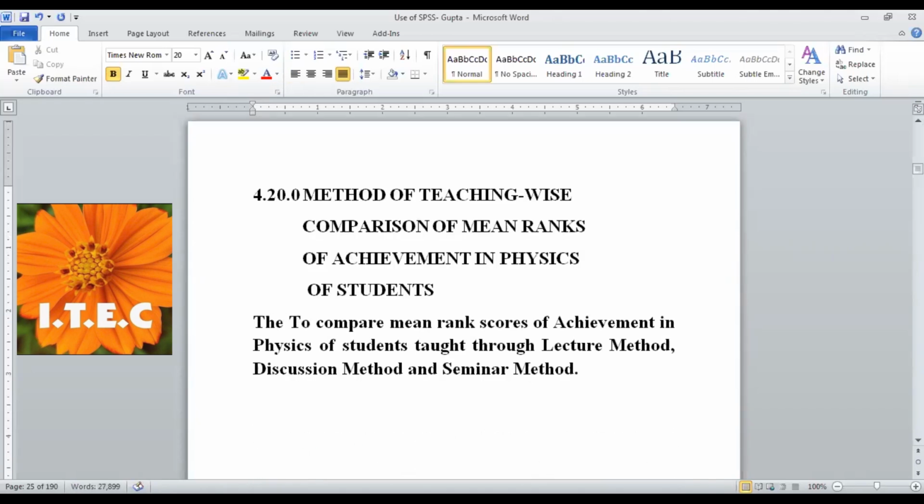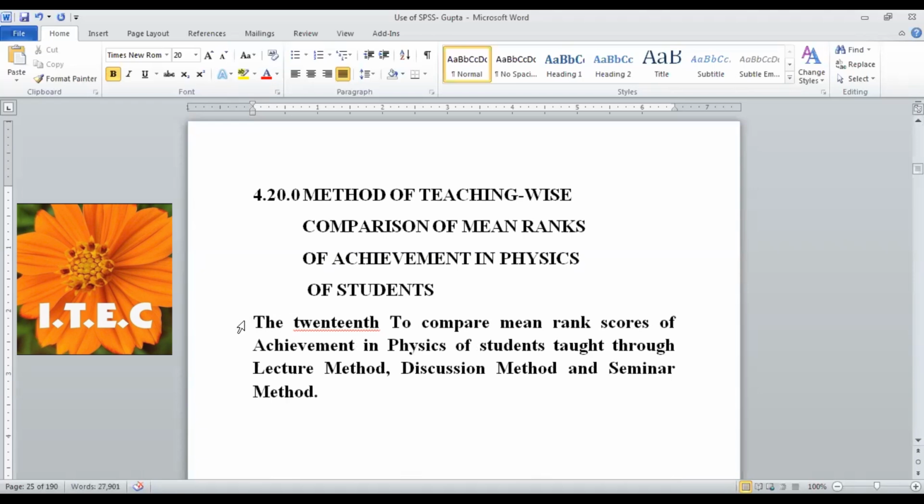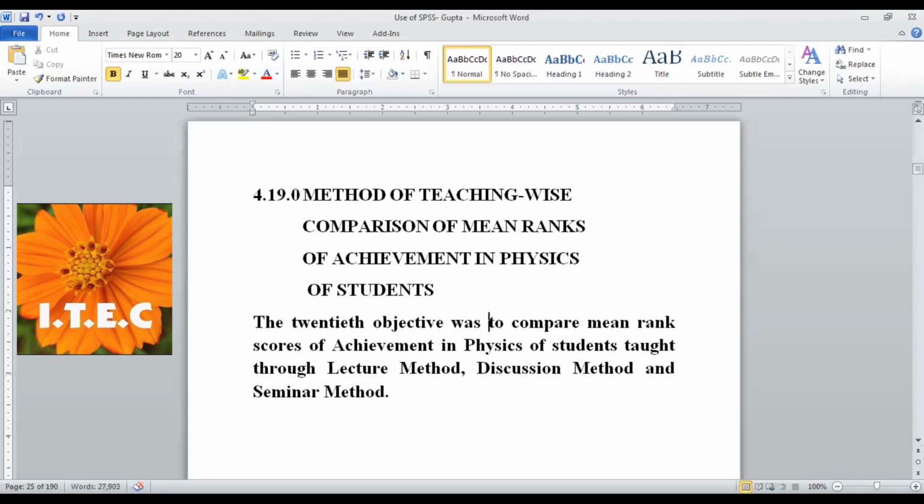Then I say the 20th. Okay, you can say 4.19, no problem. You want 19, all right. The 19th objective was to compare mean rank scores of achievement in physics of students taught through lecture method, discussion method, and seminar method.